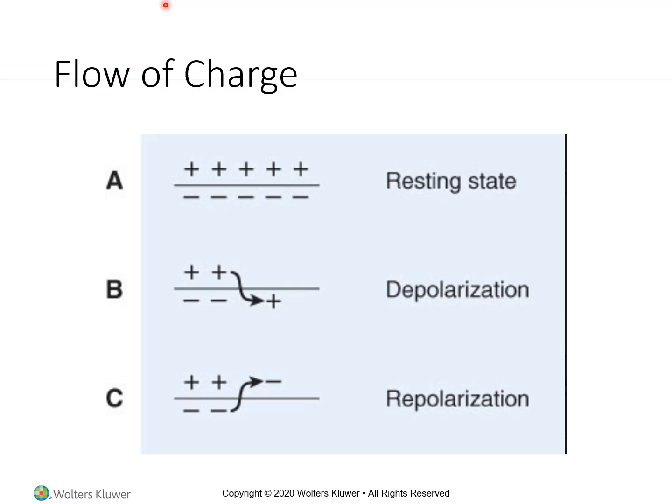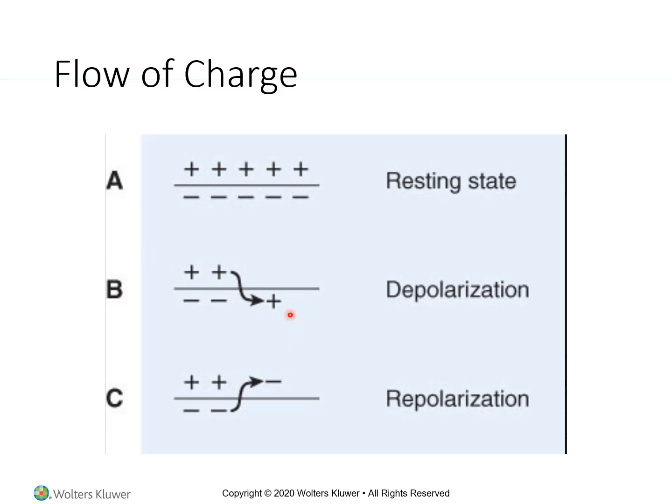As a result, K+ diffuses out of the cell along its concentration gradient. Remember that K+ is very prevalent inside the cell. So K+ diffuses out, and it causes a loss of positive ions from inside the membrane. And that's what we see here at this resting state, where we have positive charge outside, negative charge inside, and this is the resting membrane potential.